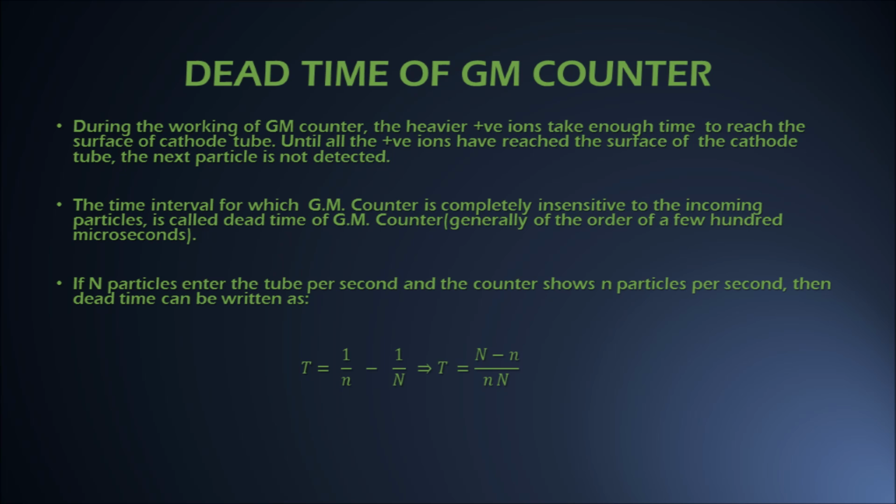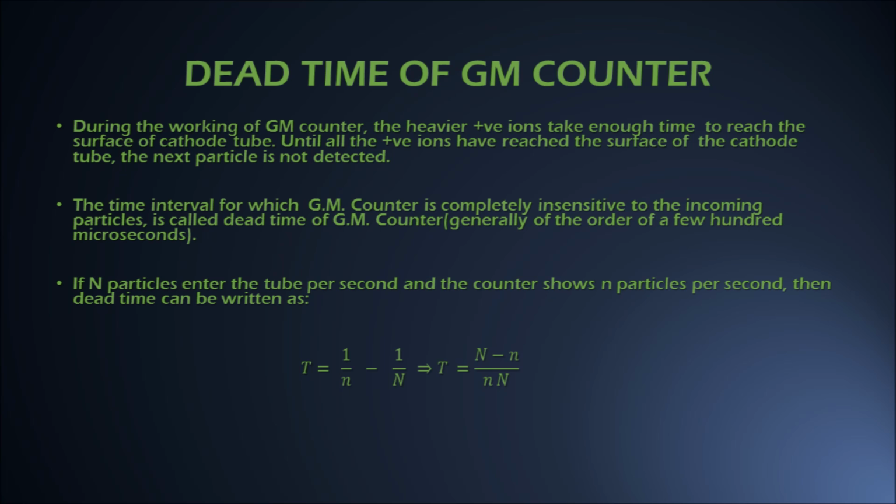After this, let us touch some theory parts of GM counter. First of all, a very popular term regarding GM counter is dead time. What is meant by dead time of GM counter? We have seen just now, during working of GM counter, electrons and positive ions are produced.